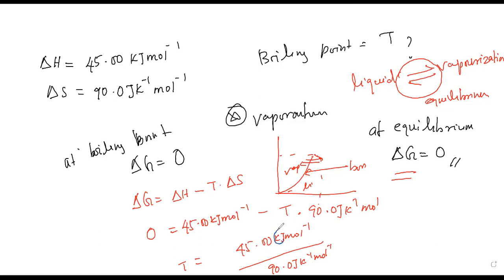This is a kilojoule. This is just a joule per mole. So what you want to do is, you have to convert into joule. Should multiply by 1000. Now your answer is, yes, 500 Kelvin.